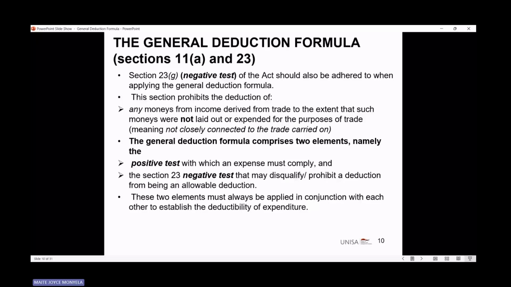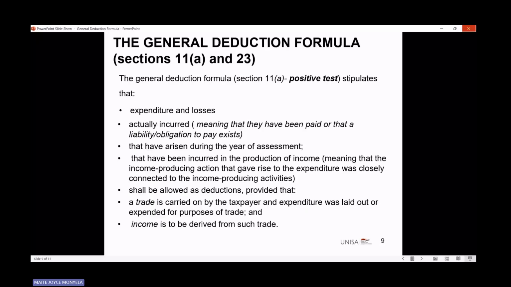This section prohibits the deduction of any money from income derived from trade to the extent that such money was not laid out or expended for the purpose of trade, meaning it's not closely connected to the trade that was carried on. We saw in the positive test that there must be a connection between the income and the expenses.